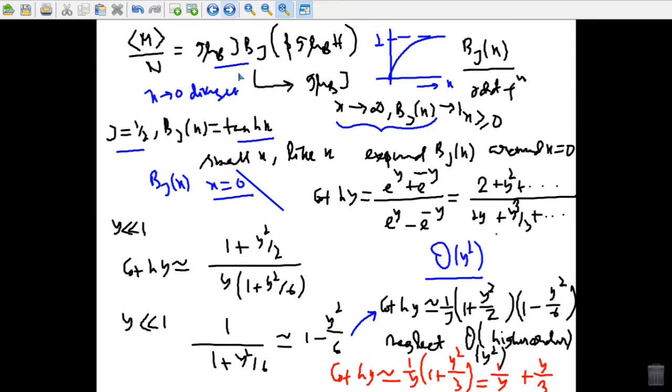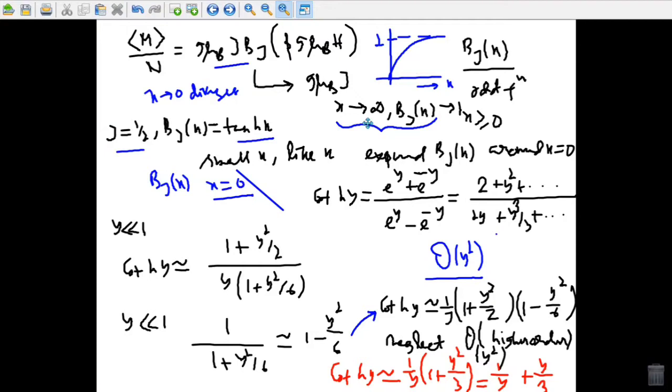For x tending to infinity, it is easy to see that B_J(x) tends to 1. So this means that the saturation value of average magnetization per spin is simply g mu_B J.